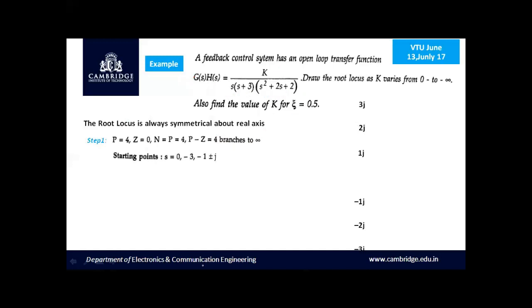Therefore, the starting points will be at the open loop poles at s equal to 0, s equal to minus 3, as well as at s equal to minus 1 plus or minus j when K equals 0. And the terminating points will be at s equal to infinity, infinity, infinity, infinity. As we don't have any zero to terminate with, all the 4 branches will be terminating at infinity.